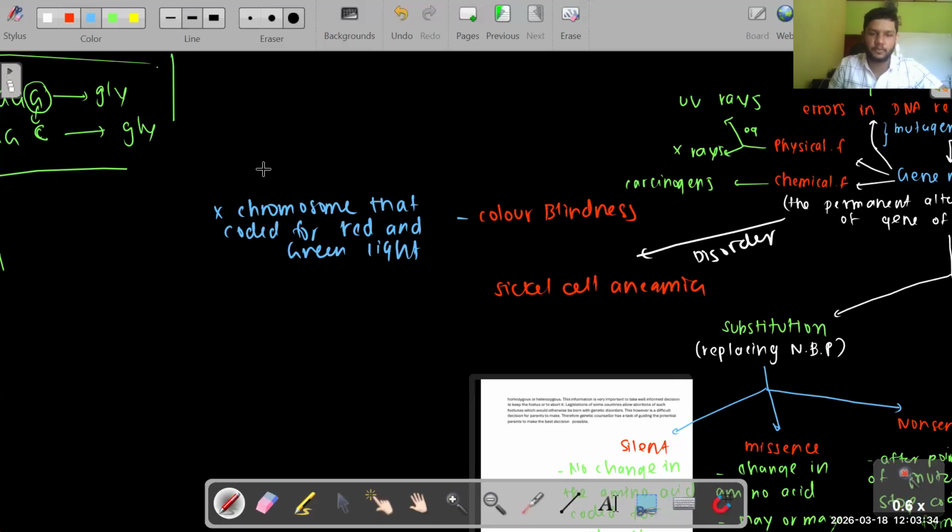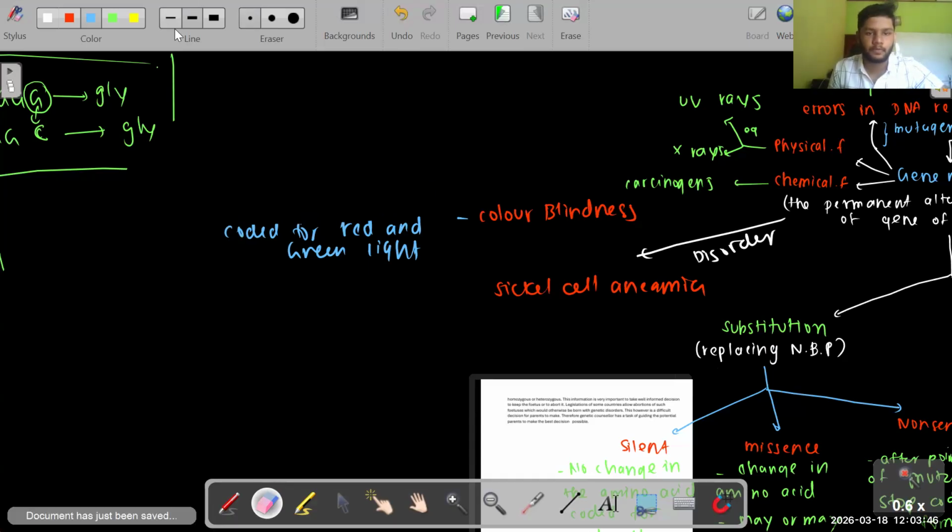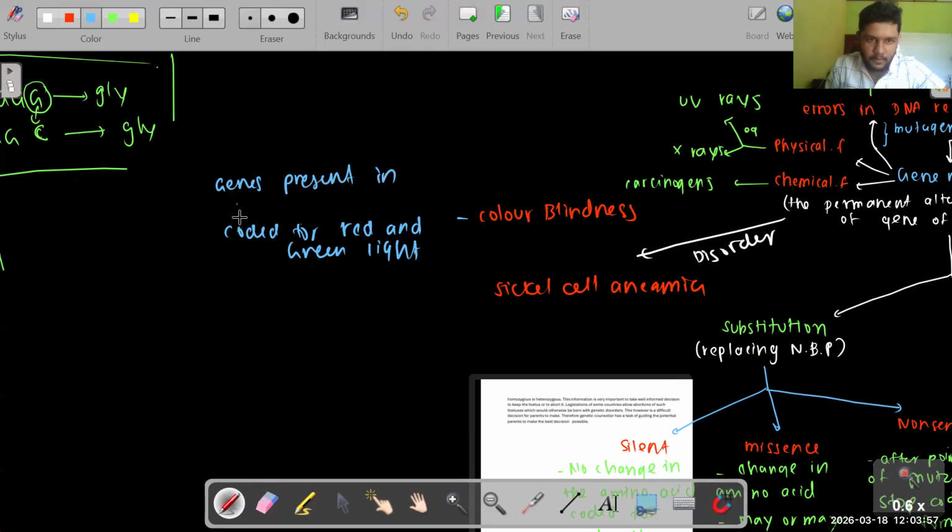Genes present in the X chromosome for red and green light are affected, right?